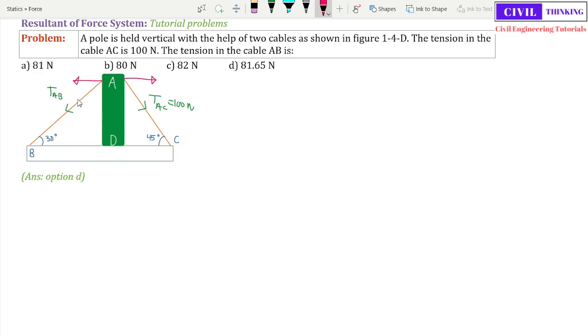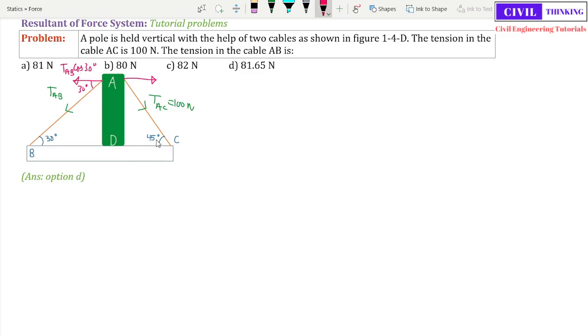Now let us resolve these components. TAB: this is 30 degrees, which means this is also 30 degrees, alternate angles. The horizontal component of TAB is TAB cos 30 degrees.